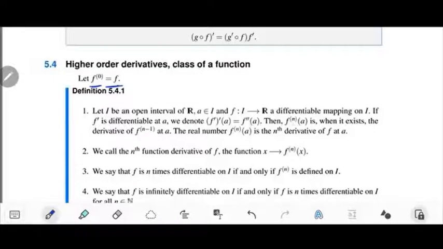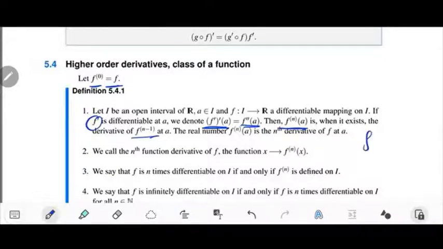If f is a differentiable mapping on I, and if f prime is differentiable, so the derivative of the derivative exists at a point A, then the derivative of the derivative at a point A will be denoted f double prime, or f triple prime for the third derivative, etc. Then more generally, f n at A is the derivative of f n minus 1.